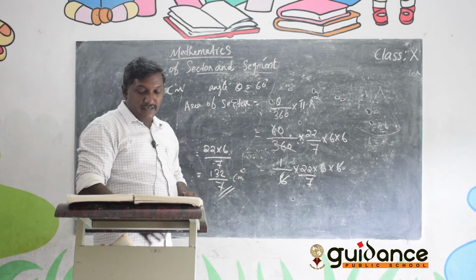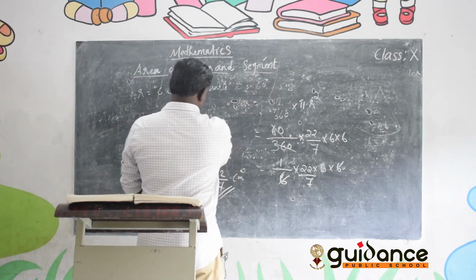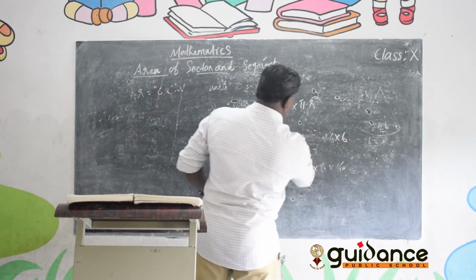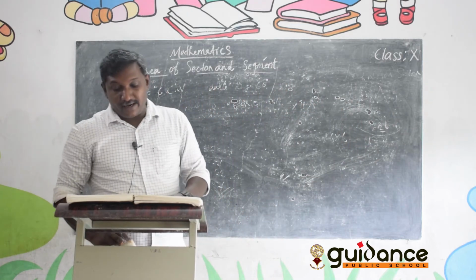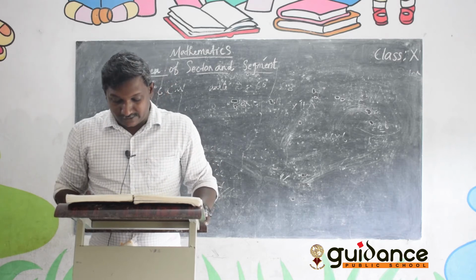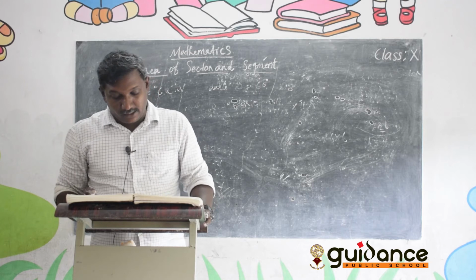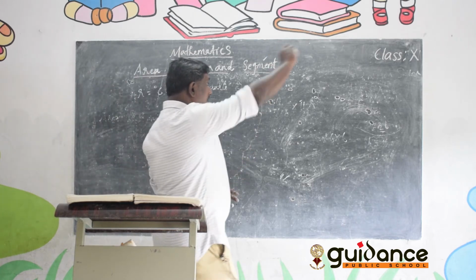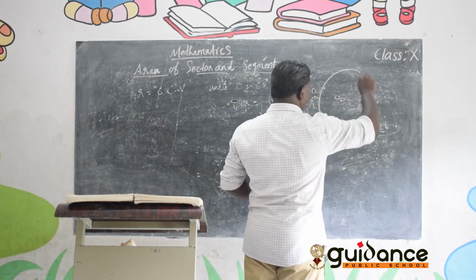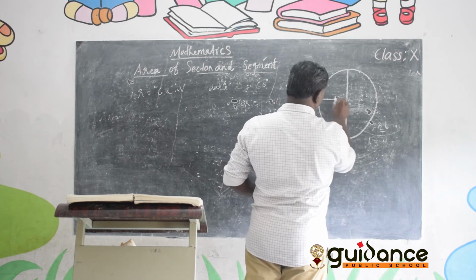Then the next question is, find the area of a quadrant of a circle whose circumference is 22 centimeter. What is meant by quadrant? Quadrant means 4 portions: we divide a circle into 4 portions.